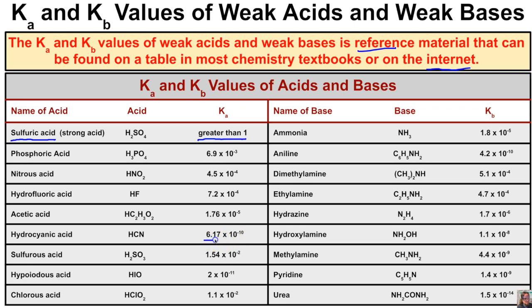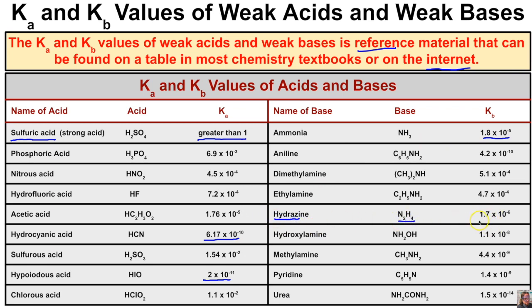So, very, very, very small amount of these ions are going to dissociate in water. Same with hypoiodous acid. If we take a look, 2 times 10 to the negative 11. If we take a look on the right-hand side, we have our Kb values. Ammonia is a weak base, and here is its Kb value we just talked about. We have hydrazine right here.